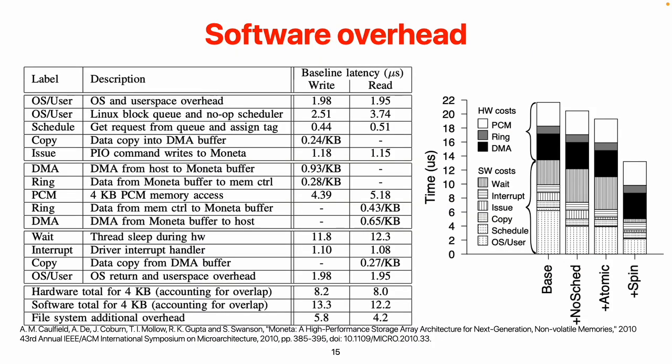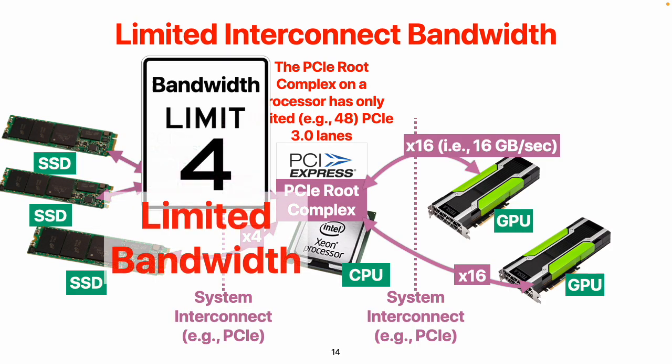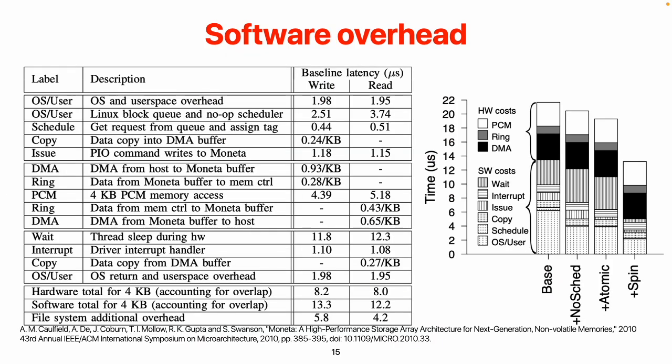Now, we still have the trouble of limited bandwidth between the SSD and everything else, right? So that's one problem. And the other problem is that, based on Moore's law, in the past, the major overhead when performing persistent storage access is the device itself.